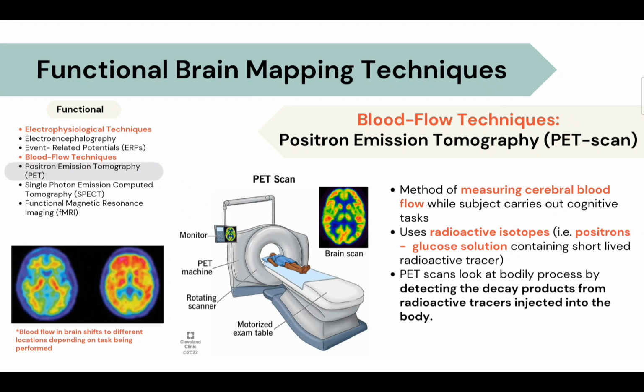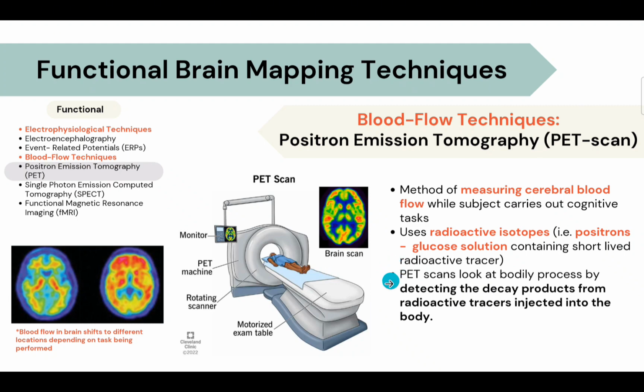Okay, so what is PET scan? PET scan is a method of measuring cerebral blood flow while the subject carries out cognitive tasks. Okay, it uses radioactive isotopes, for example positrons, or people also call it a glucose solution containing short-lived radioactive tracer. So PET scans look at bodily processes by detecting the decay product from radioactive tracers injected into the body.